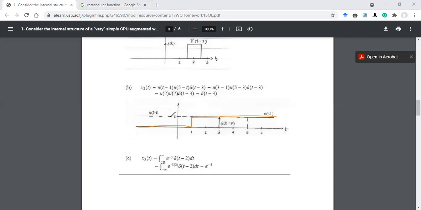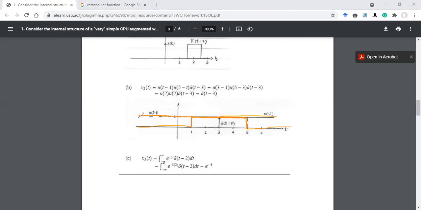Then u of 5 minus t: what does this indicate? The negative sign indicates that the graph is reflected. Rather than going towards the positive side, it will now go towards the negative side. This 5 indicates that it is going to start at 5.